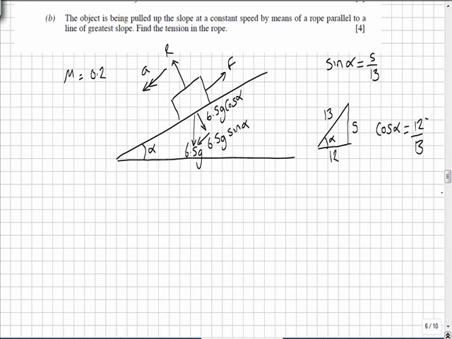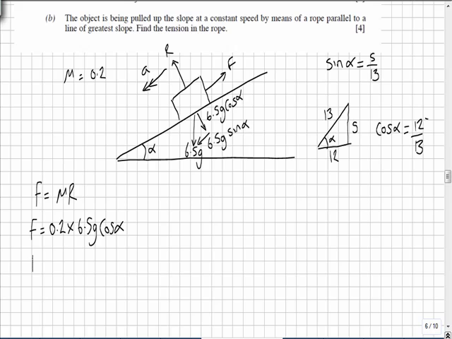So in the first instance, the only thing we really don't know is the frictional force. Frictional force is equal to coefficient of friction times the reaction. In this case, coefficient of friction is a fifth, or 0.2, and the reaction we can see is equal to 6.5 g cos alpha. That's the weight acting perpendicular to the slope of the object.